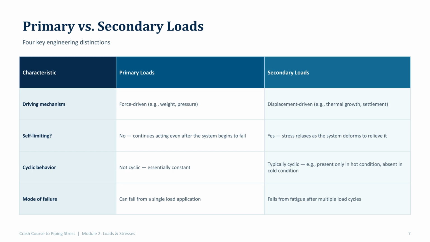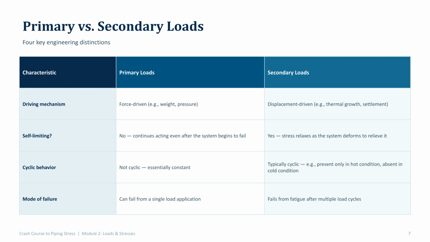No. They keep acting at full strength even as the system starts to fail. Secondary loads, yes. As the pipe deforms, the stress relieves itself. Cyclic behavior. Primary loads stay essentially constant, day in and day out. Secondary loads are typically cyclic, present under one condition, like hot operation, and gone under another, like a cold shutdown.